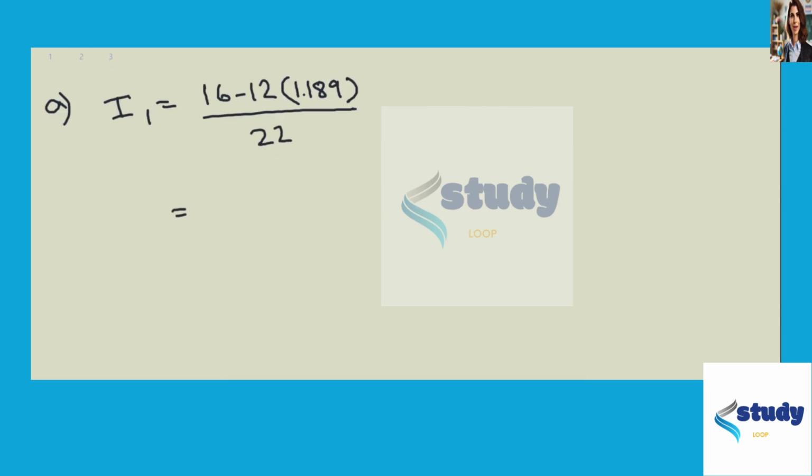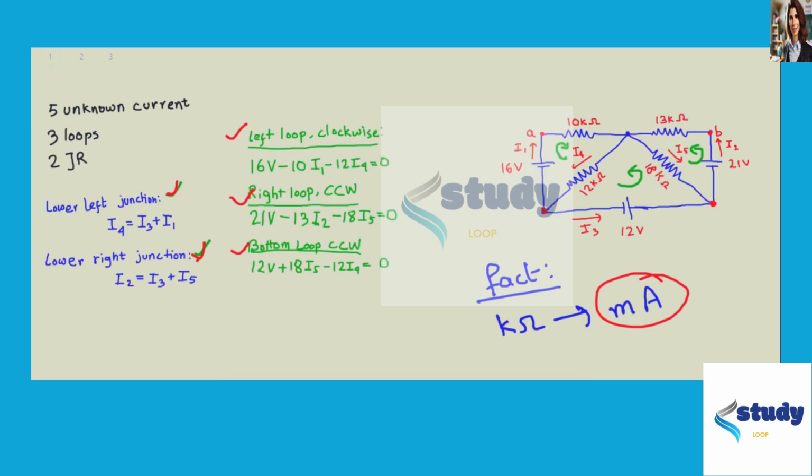There we go. And then using this, I1 becomes 0.0787 milliamps. And if we write it a little neatly, it will be 7.9 times 10 to the power minus 5 amps, and the direction will be up because it's going up.